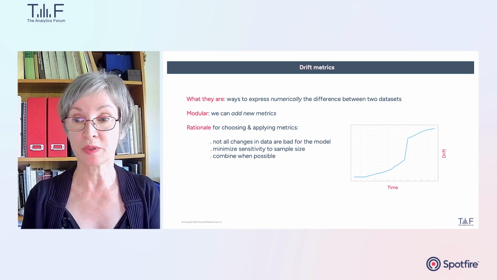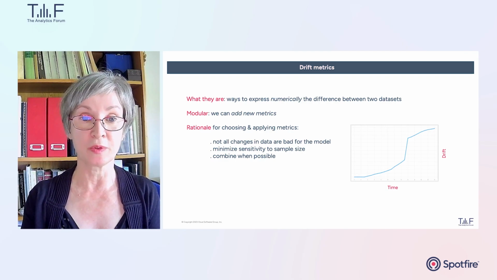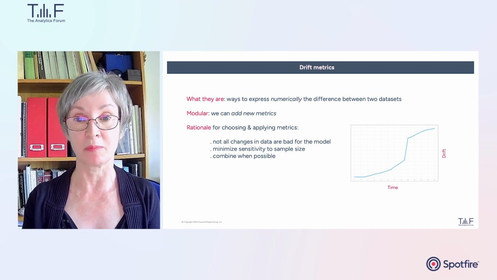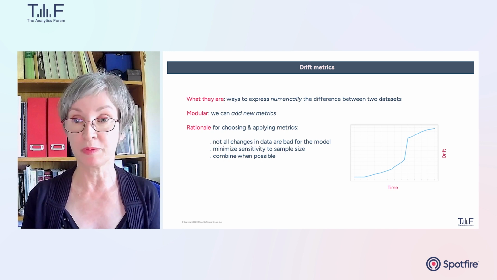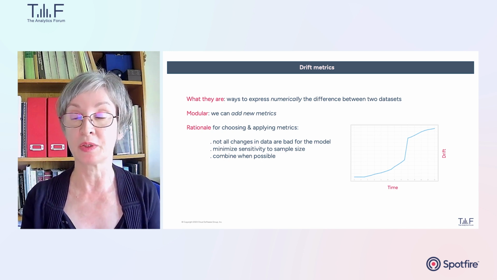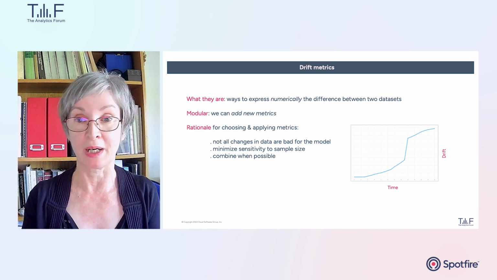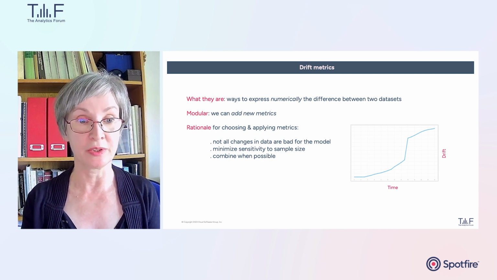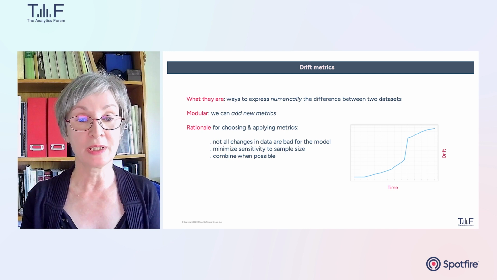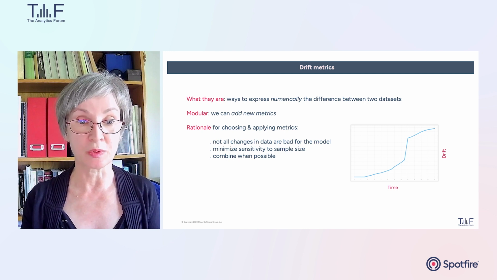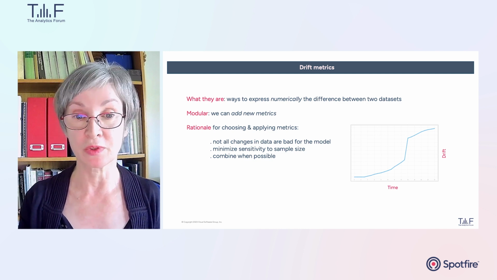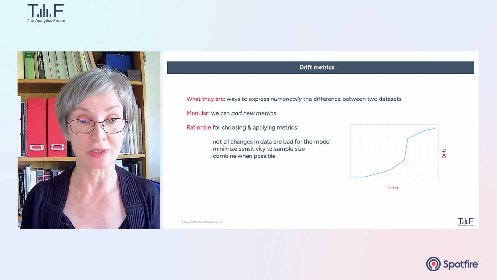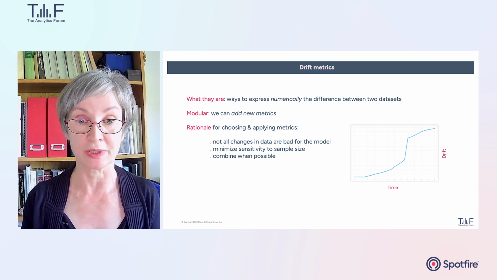For drift metrics, we do something similar. We look for ways of expressing with numbers the difference between two data sets. And again, if we find new metrics in time, we can always add them to increase the detective power of our methods. When choosing the right metrics to apply, for instance, we wanted to minimize false positives because not all changes in the data are necessarily bad for the model.